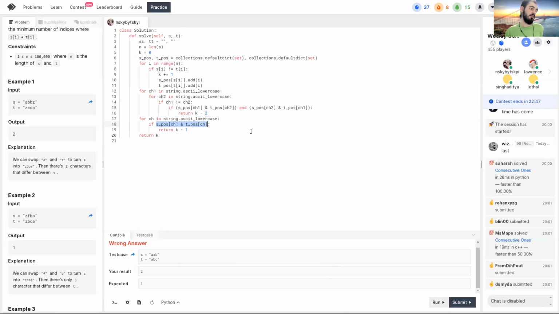We would like to check that there is one character present in both strings.